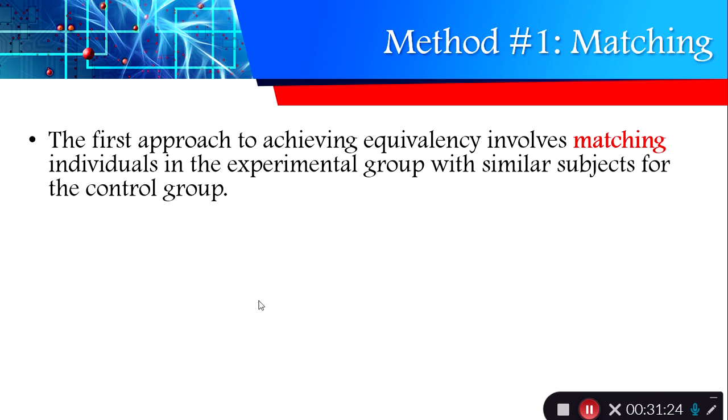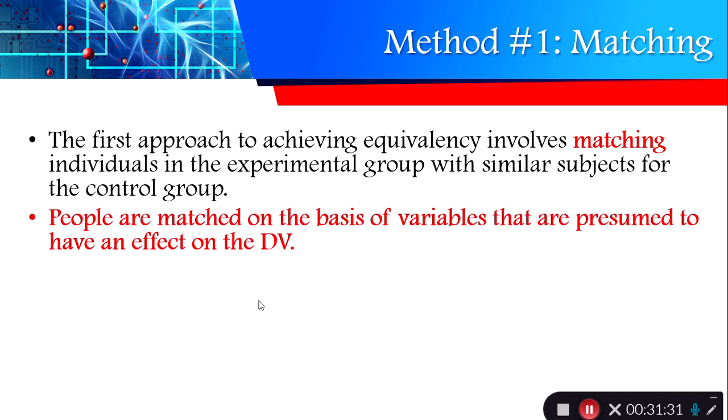So matching. The first approach to achieving equivalency involves matching individuals in the experimental group with similar subjects in the control group.